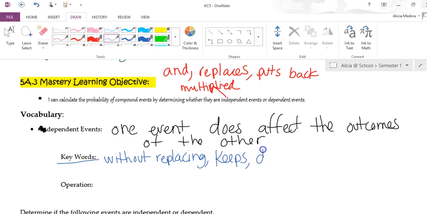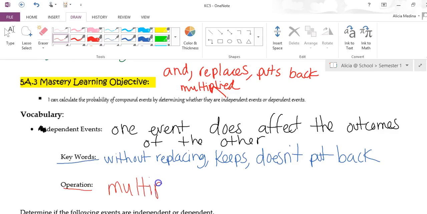You might also see something that says doesn't put back. So these are all kind of hints for you to know that this is a dependent event, and it's going to kind of change our outcome a little bit. So operation though is still going to be multiplication.